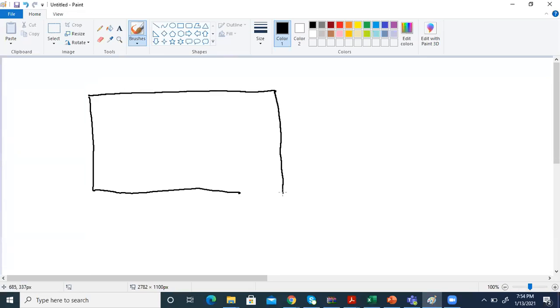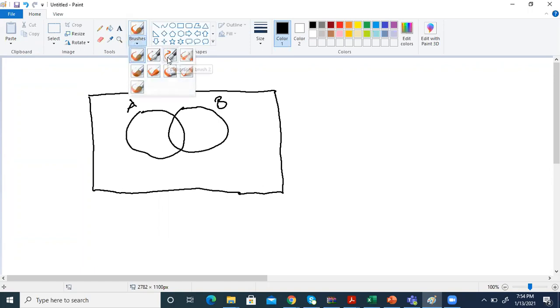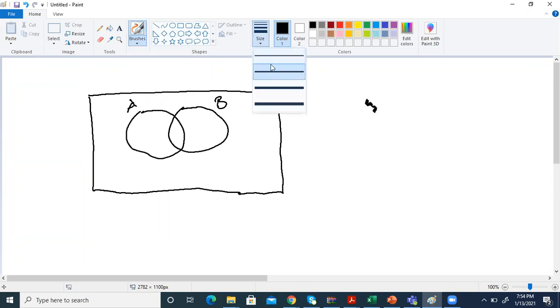Hopefully I can draw something. This is A, this is B. All right, so we have A and B.